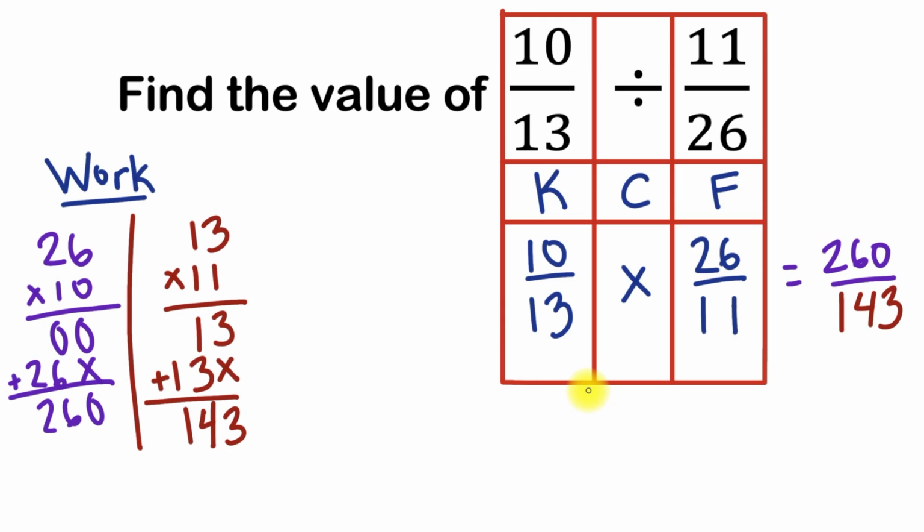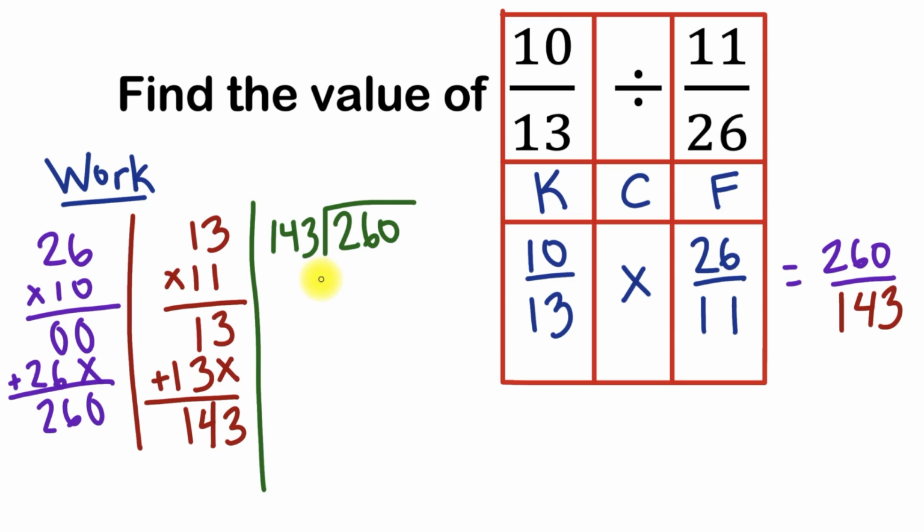But that's an improper fraction, so what we have to do now is see how many times 143 can go into 260. So now we'll divide 260 by 143. Well, 143 can only go into 260 one time. So now we've got 1 times 143, which is 143.